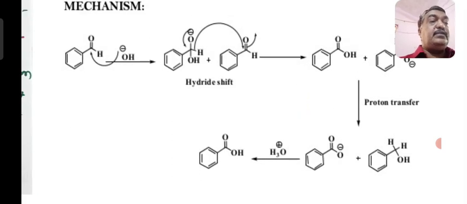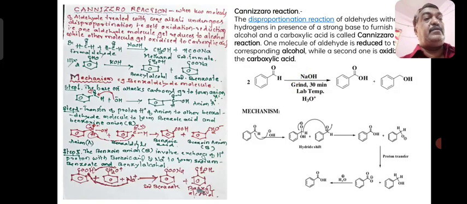And proton transfer makes this C6H5CO minus, that is benzoic acid, which loses a proton, and the lost proton will go to the second aldehyde molecule, making it alcohol. Finally protonation makes C6H5COO minus the acid. Acid and alcohol are simultaneously formed.